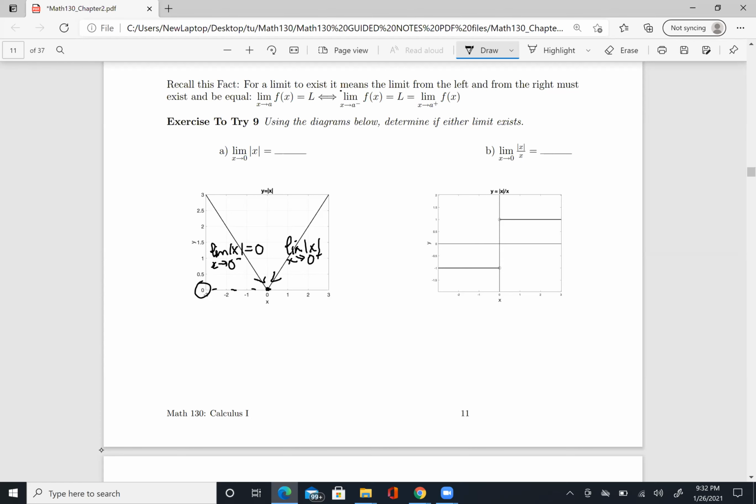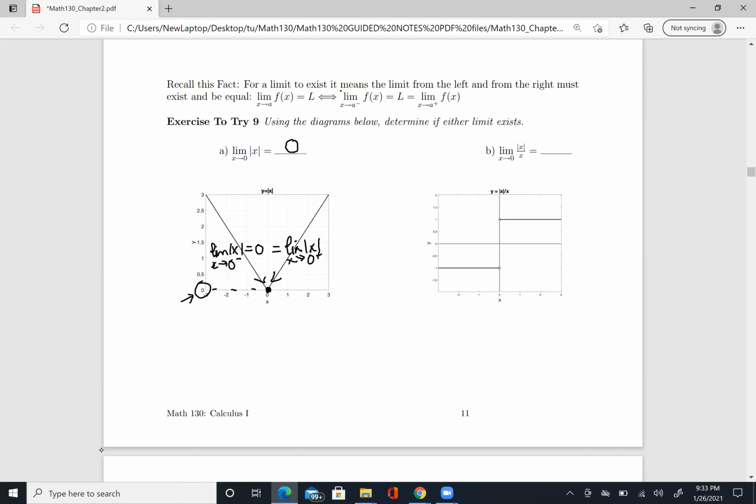It also tries to go to the same point here, and that gives us the value 0. So they are equal to each other and equal to 0. And then I'm going to say the limit of the absolute value of x when x goes to 0 will be equal to 0.